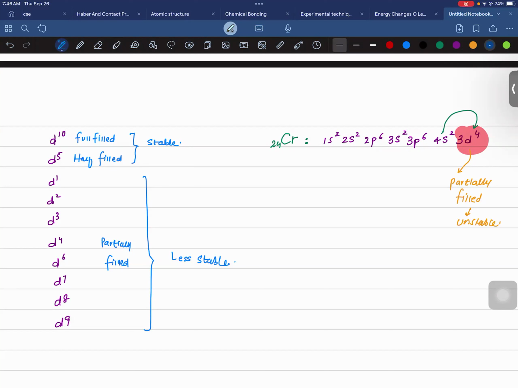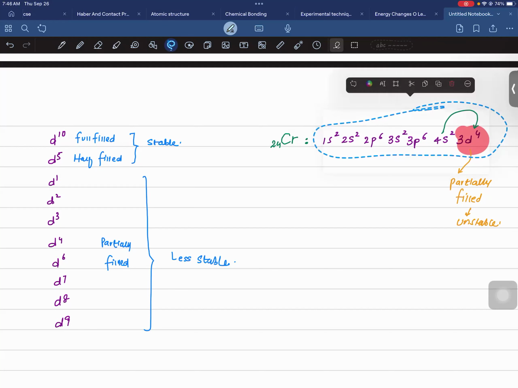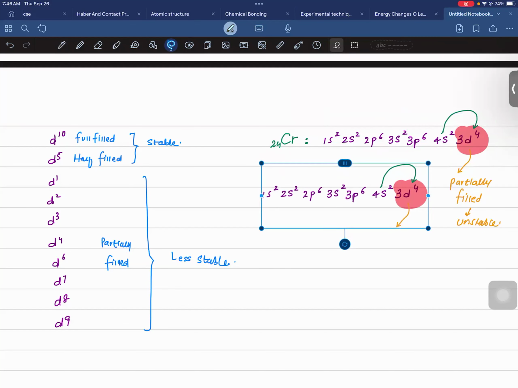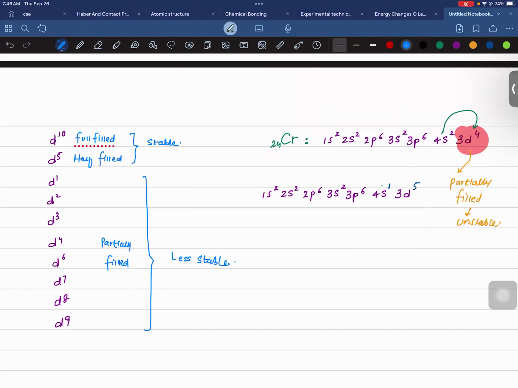So after gaining one electron, it becomes half filled, which means this is the more stable condition as compared to this one. This was 3d4, which is neither fulfilled nor half filled.